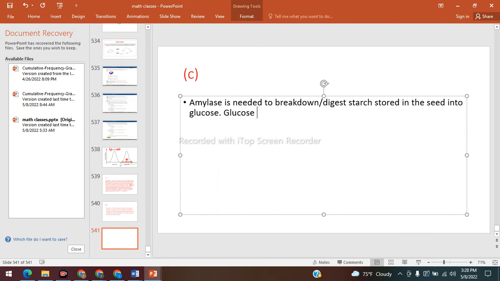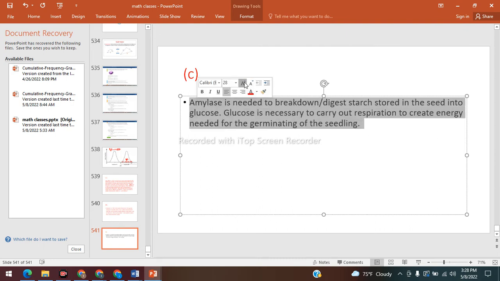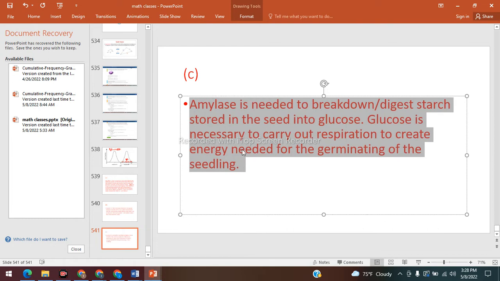Glucose is necessary to carry out respiration, to create energy needed for the germinating of the seedling. Okay, so we good?